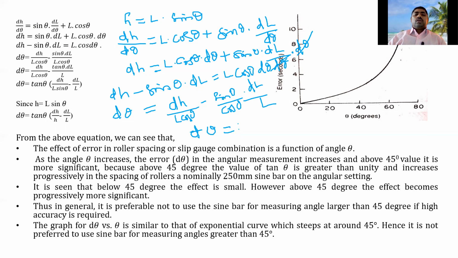If you take tan theta common, here dH divided by L has no tan theta to take out, so you write cos theta into tan theta, minus tan theta, and you will get only dL by L.